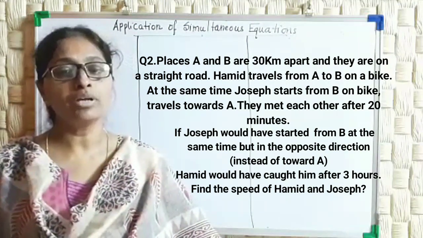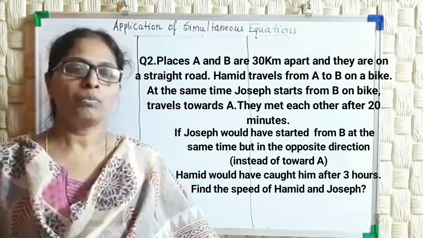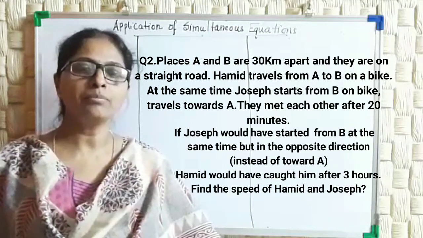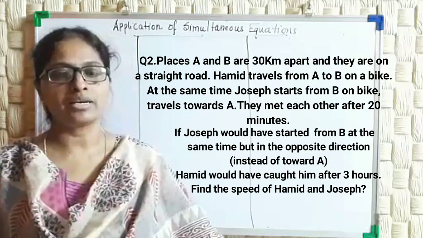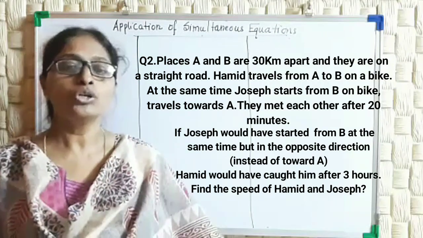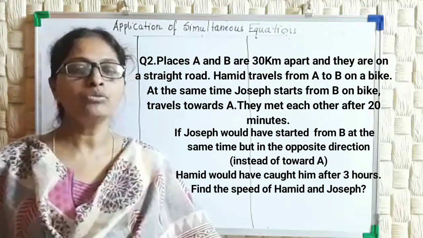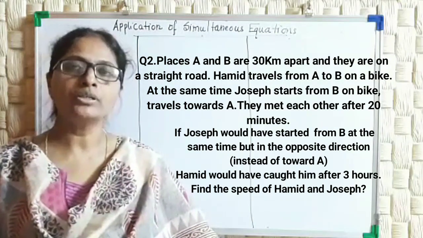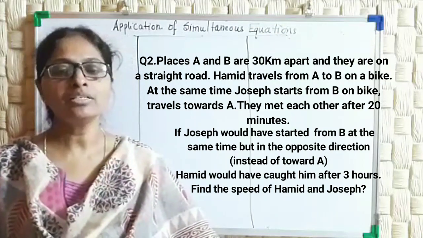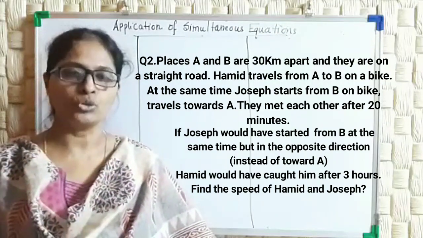If Joseph would have started from point B at the same time but in the opposite direction, that is, instead of towards A, Hamid would have caught him after 3 hours. Find the speed of Hamid and Joseph.